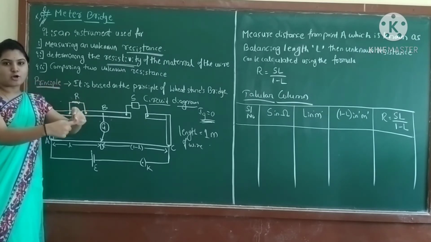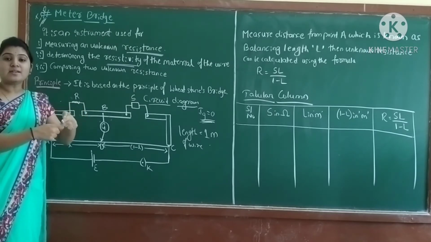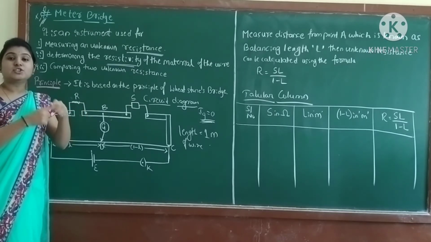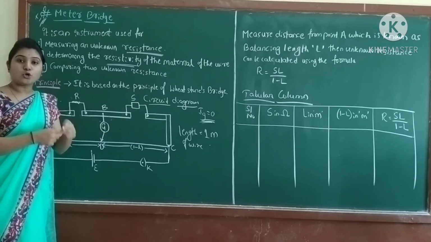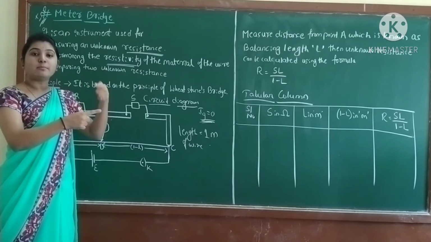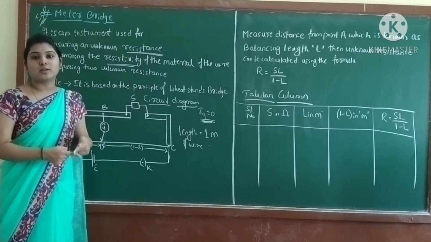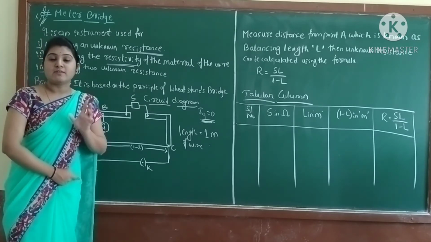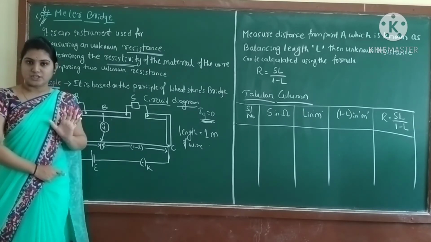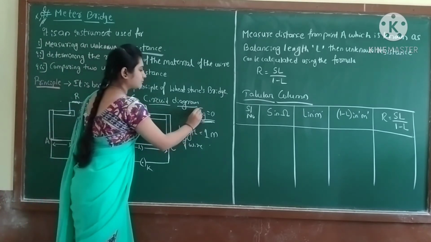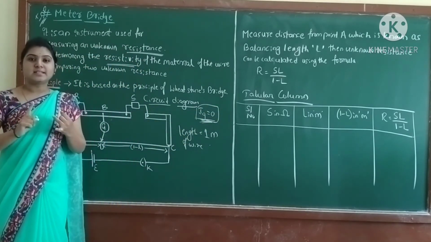So like this sliding contact I will make, and if it touches this one, I have to notice that the galvanometer must show the zero deflection, because we want to achieve the balanced condition.